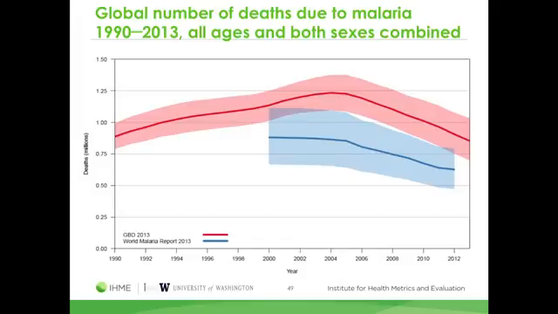The other thing to note is that the declines here, as predicted from these very uncertain models, are somewhat larger than the models used by WHO. And the variables in the model that are predicting this decline are both ITN coverage, but also access to ACT. And so that's the other, I think, interesting thing here, and a word on that in a moment.